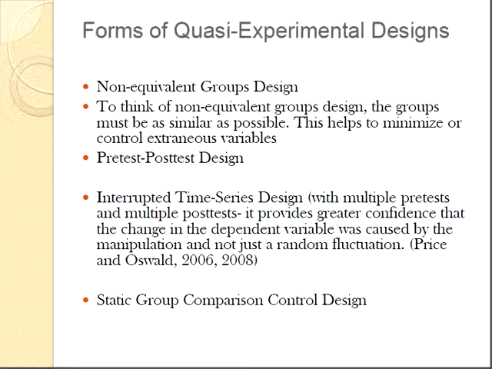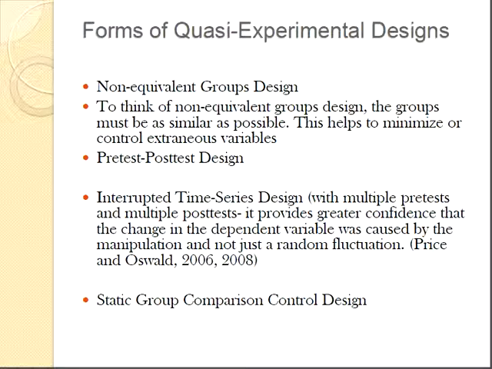One is to think about the non-equivalent group design. Usually, non-equivalent group design stands out when we are considering quasi-experimental designs. So to think of this, the groups must be as similar as possible.